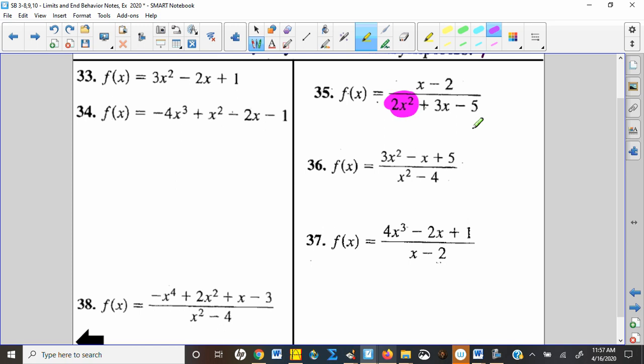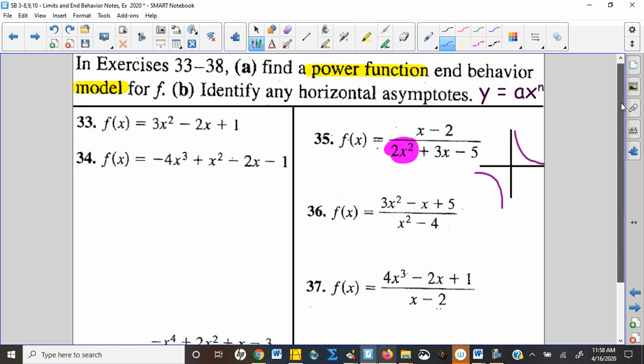And 1 over 2x is one of our infamous rational functions. It would look like this. Okay, and 1 over 2x would look like that. And so what is the end behavior model to that?